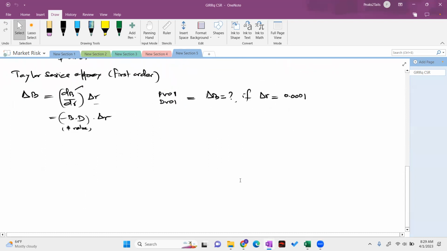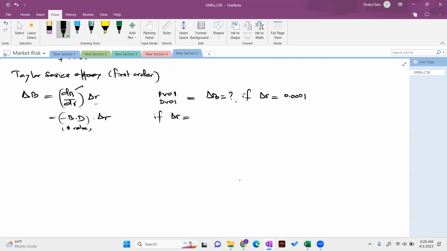All right. So using this equation, how can we find out PV01? If delta R is equal to 1 basis point, what is delta B? Simple. We have the equation delta B equals minus B times D times 0.0001.